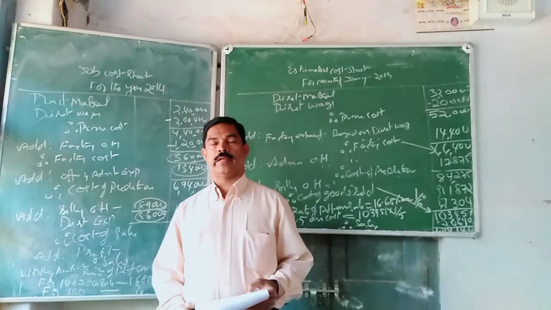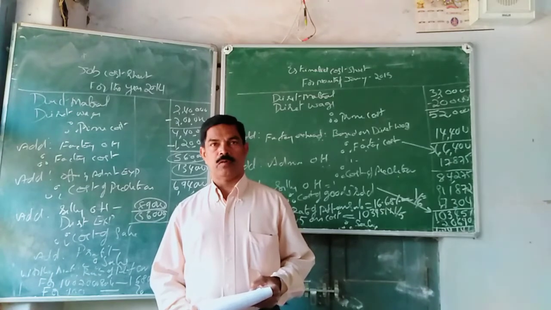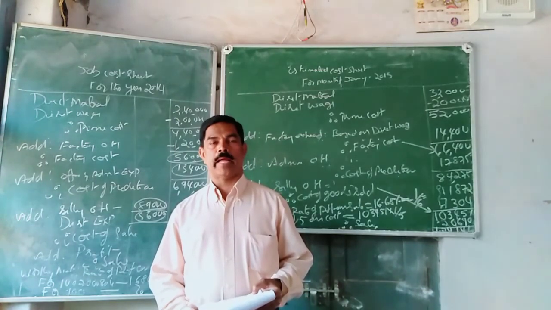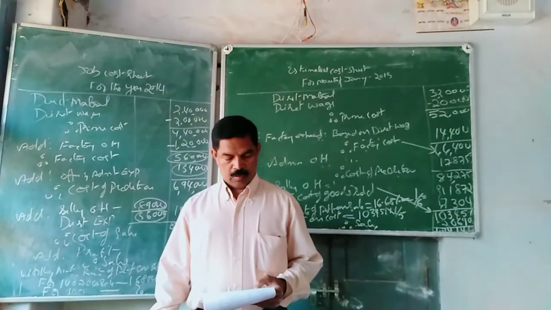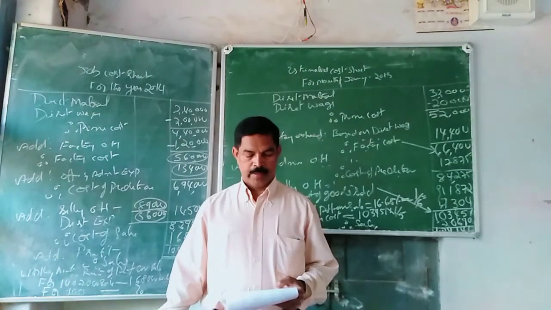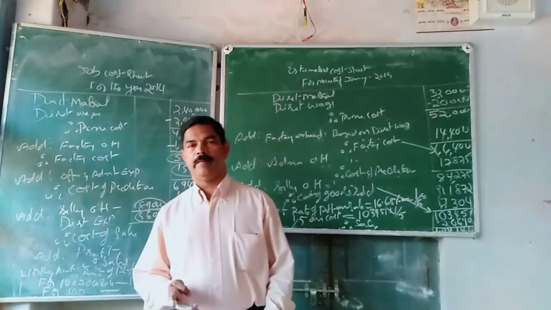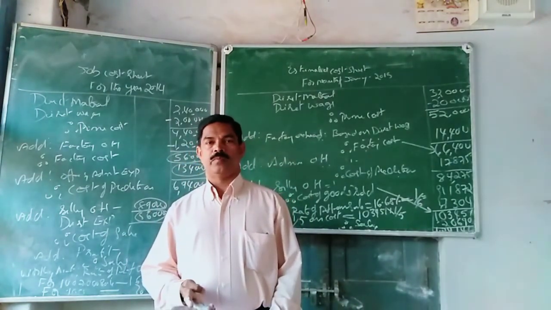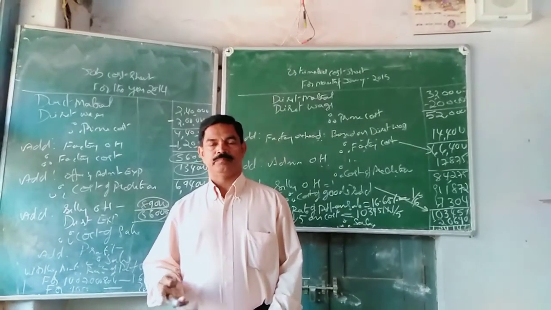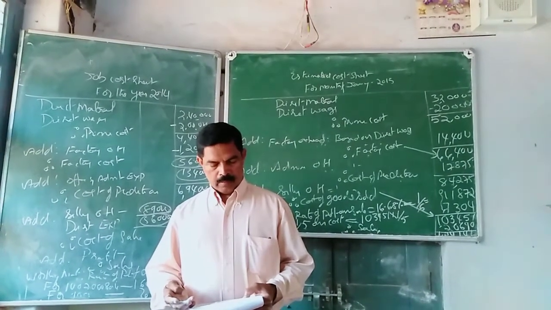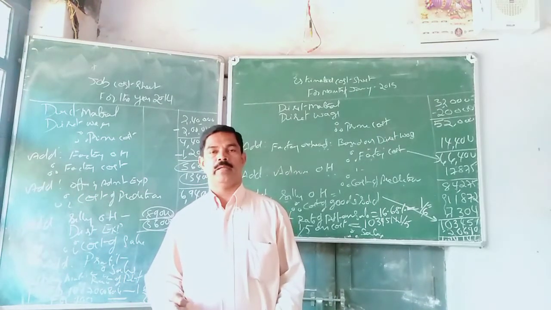So cost center may refer to a place or a person or a machine or a section or part or activity or function within an organization or undertaking by which costs are collected, accumulated and to which costs are allocated. See, in an organization there may be a product produced, or a department, or a machine, or a place, or an activity.